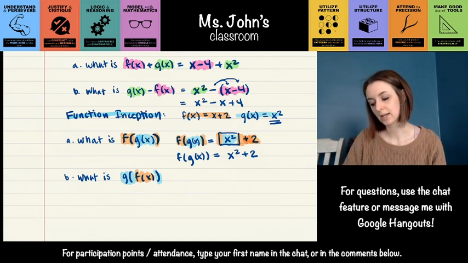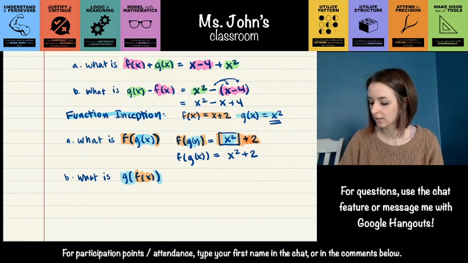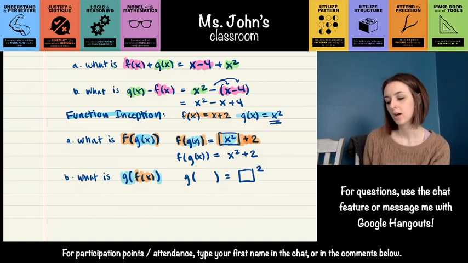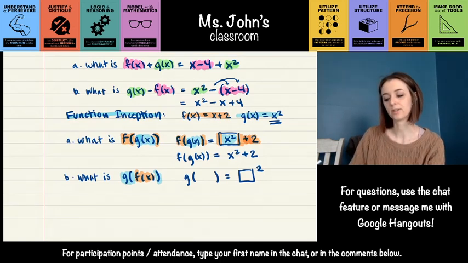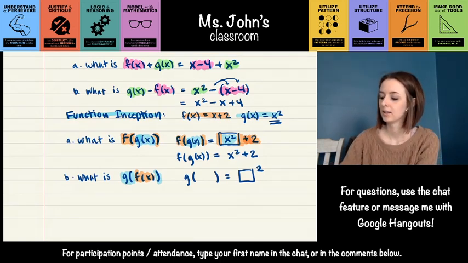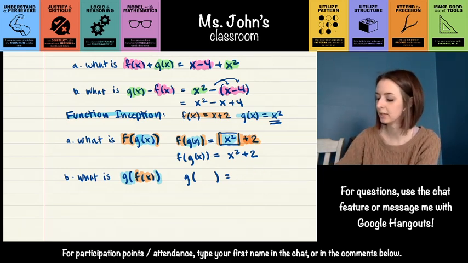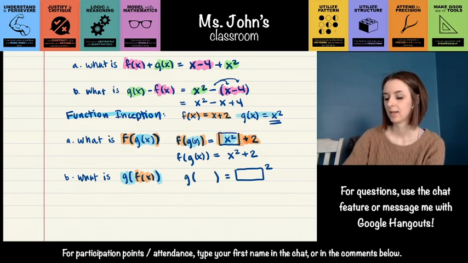So instead of plugging something into f of x, we're plugging something into g of x. And that function, g of something, is just that something squared, because normally we would replace that x with whatever we're plugging in, like 2 or 10 or f of x. So I'm just going to put a box there so that I can fill it in with the function f of x. I didn't give myself enough room, because that function is x plus 2, and I need to fit that in there.